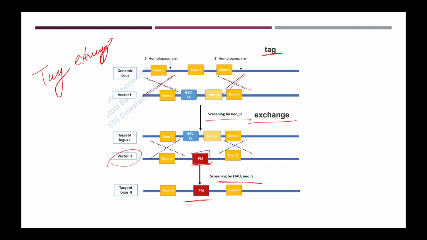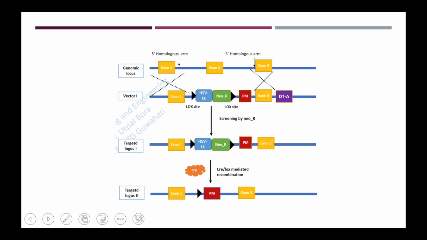With the positive selection you have selected this. Then with the negative selection you will eliminate those which are harmful, because this thymidine kinase is there. So these kind of cells will be eliminated and only this kind of chromosomally modified cells will be retained. So this is tag and exchange.